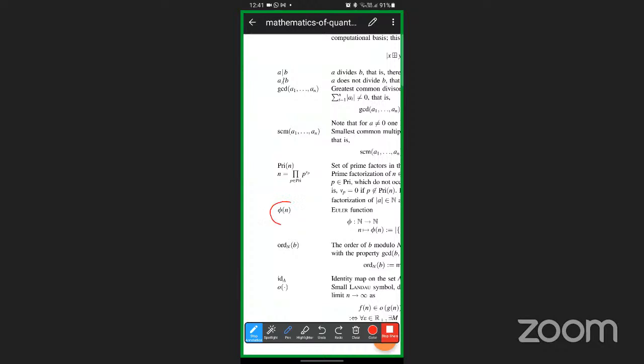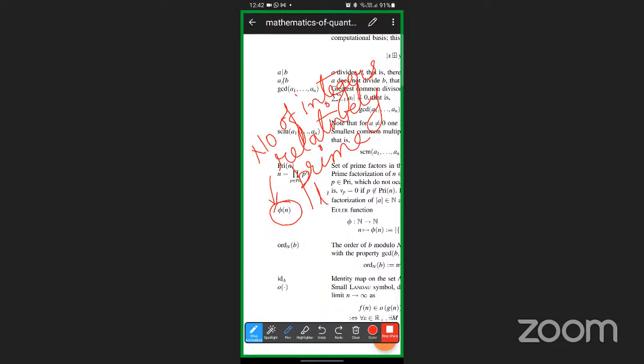It is the number of integers relatively prime to n. Remember that? Some of you might have remembered now.